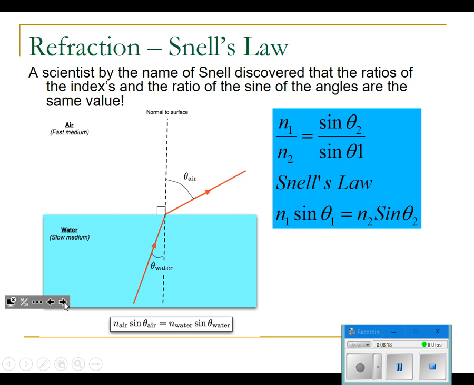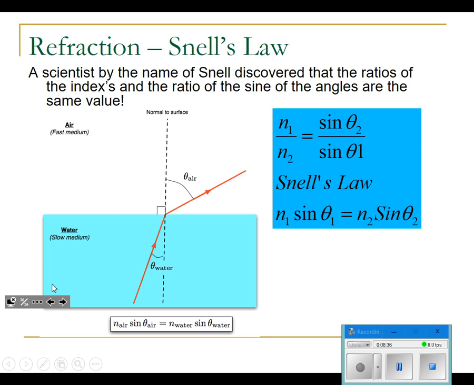So now we could be in that index of refraction and Snell's law square. You could have put everything I just said in that index of refraction square. But a scientist by the name of Snell discovered that the ratios of the indexes and the ratios of the sines of the angles are the same value.